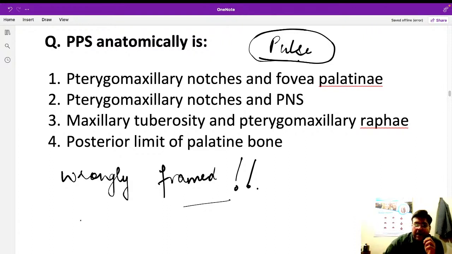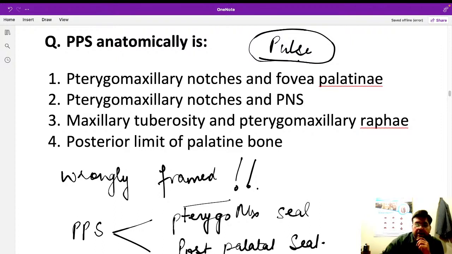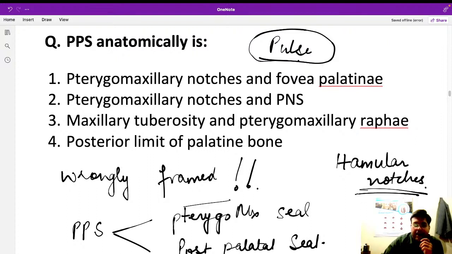Because you know that PPS, if you divide it into two parts, one part is the pterygomaxillary seal and the other part is the post palatal seal, right? You know that the hamular notches are an important part of PPS anatomically.